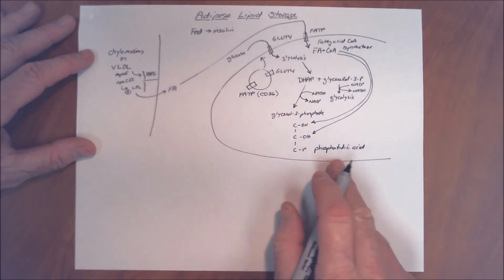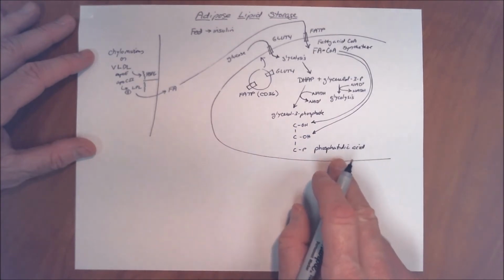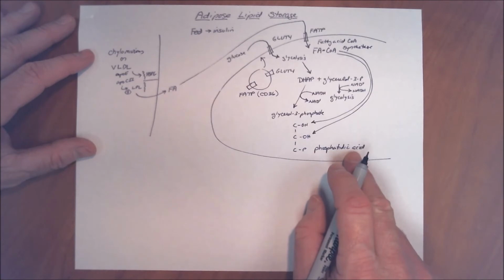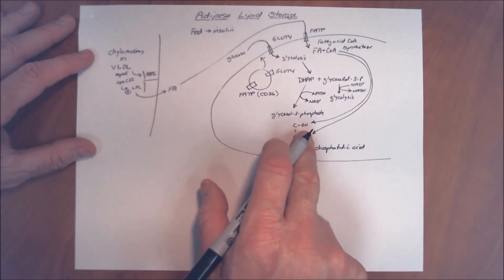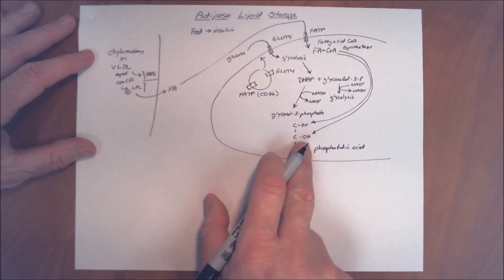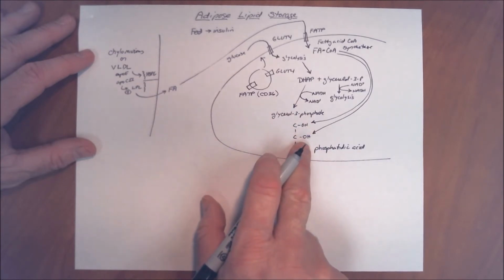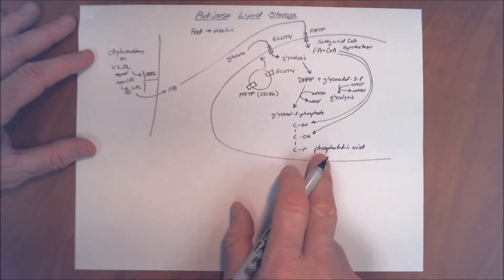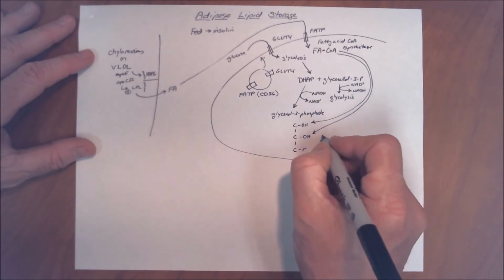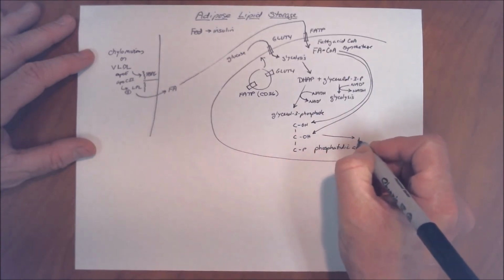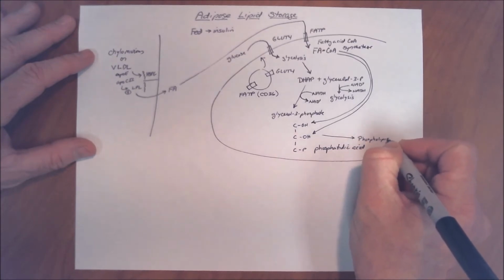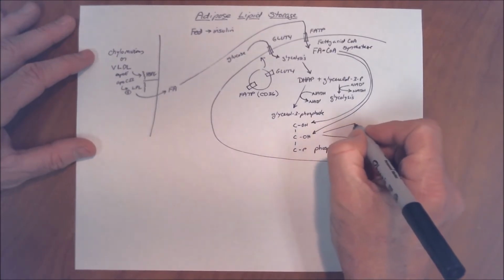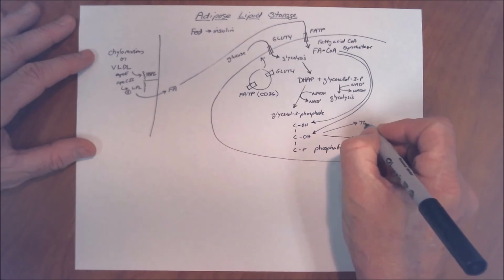Now we examined this pathway before, that once we form phosphatidic acid, which is essentially glycerol 3-phosphate with two fatty acids on the carbons 1 and 2, this can branch either to membrane synthesis to form a phospholipid, or this can form a triglyceride.